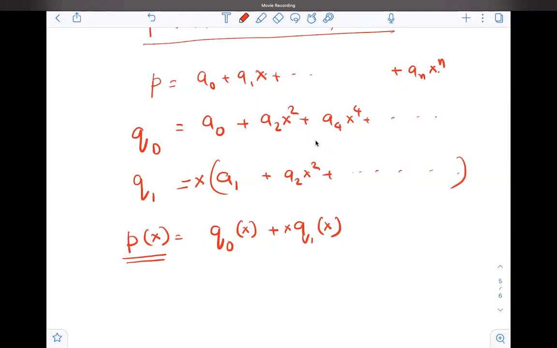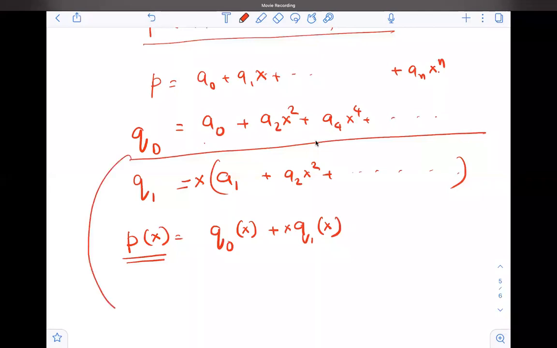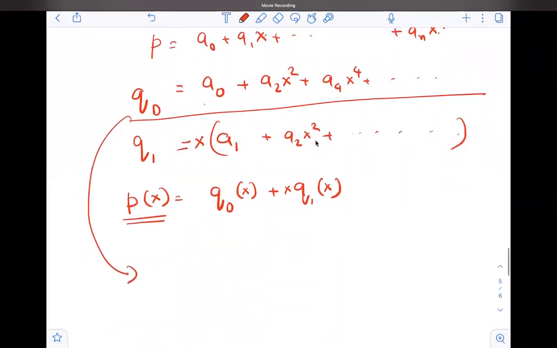So if you think of Q0, Q0 is of course A0 plus A2 x squared plus so on.